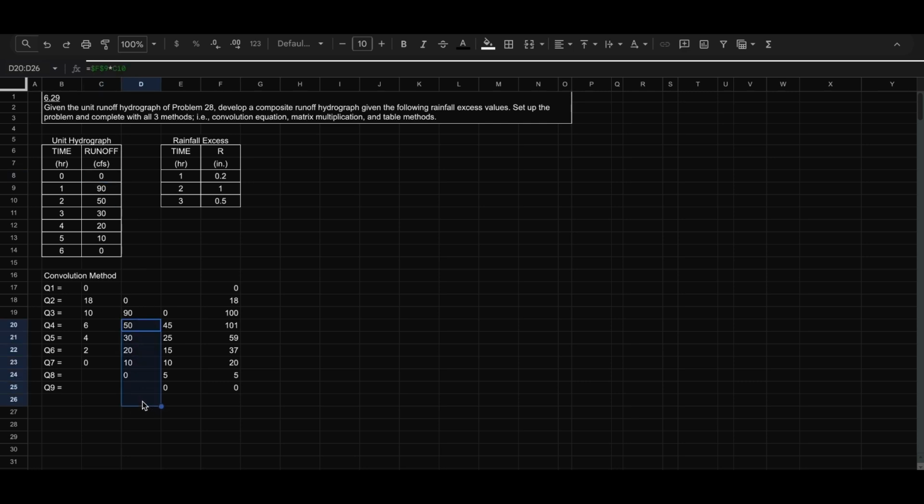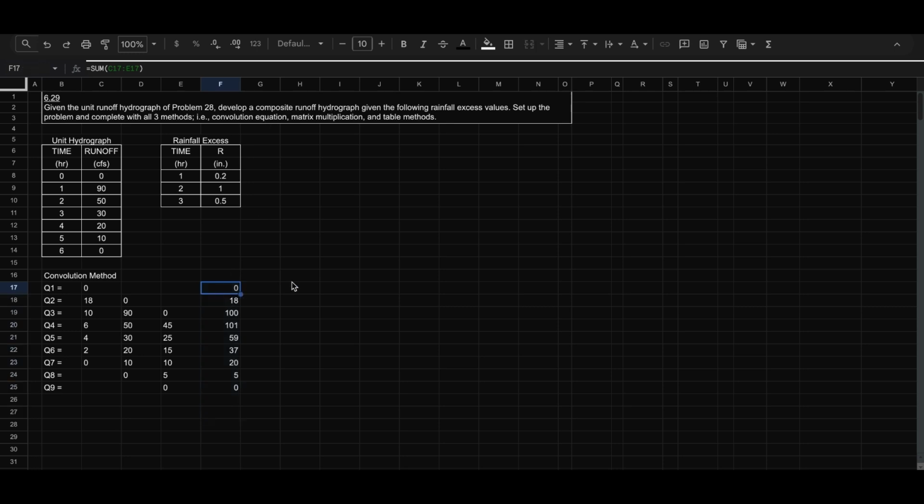And the same way, if this is 6, you gotta wait. It didn't start until the 6th hour. So 1, 2, 3, 4, 5, 6, you will start in here. And then you do it all the way down, which will give you more Qs, Q10, Q11, Q12 probably. And then you sum them up, and you get the convolution method for a composite runoff hydrograph.